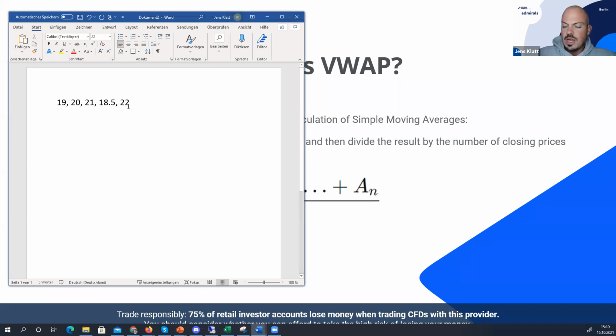So what we now do is we calculate these prices: 19 plus 20 plus 21 plus 18.5 plus 22. This gives us 100.5.